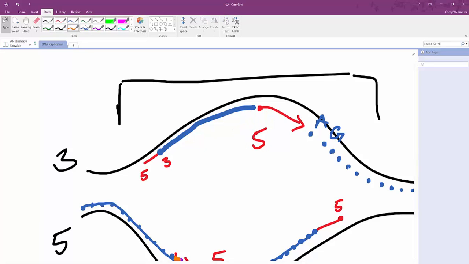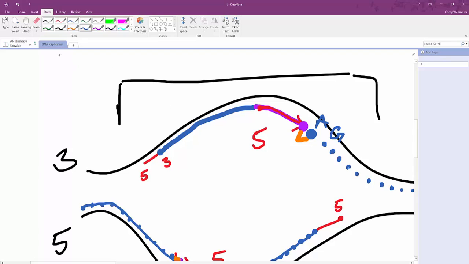DNA polymerase 1 is going to latch onto that 3' end and begin erasing the primer and replacing it with DNA nucleotides. And then finally, ligase is going to create a covalent bond between this nucleotide and this nucleotide. And that's how it works.